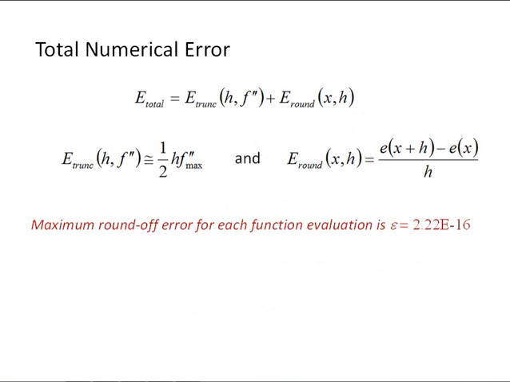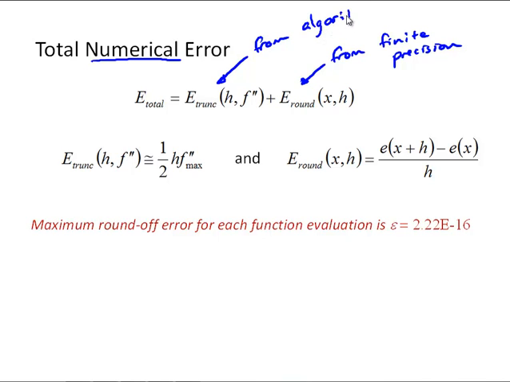So now we've got two sources of error, and we'll call this the total numerical error. We have round-off error, which is coming from implementing on a computer with finite precision. And we have truncation error, which is from the algorithm itself and the approximations we made truncating the Taylor series to develop the algorithm.